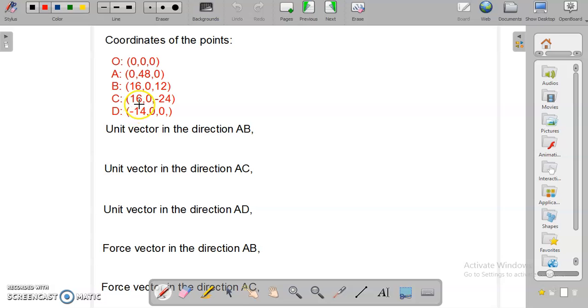So from that you can easily find the unit vectors. Along the direction AB, that is n_AB, you will get 16i minus 48j plus 12k divided by the root of the corresponding terms, and you will get the value as 52.